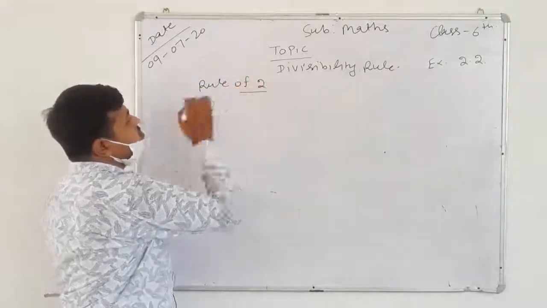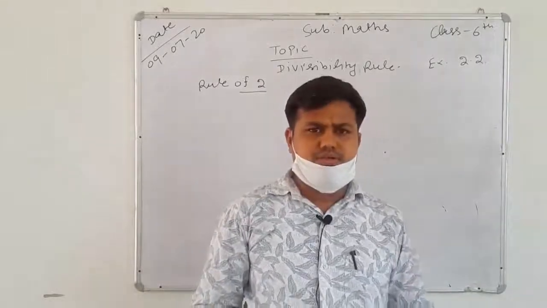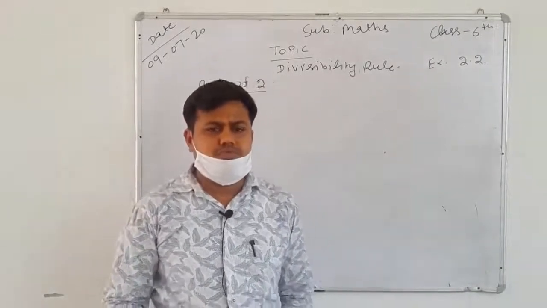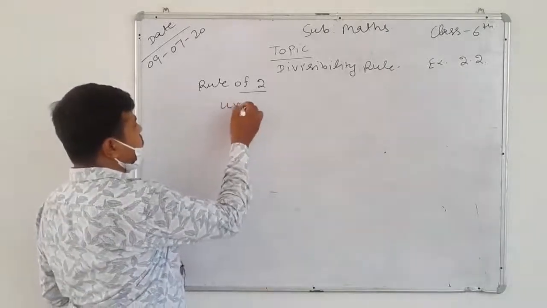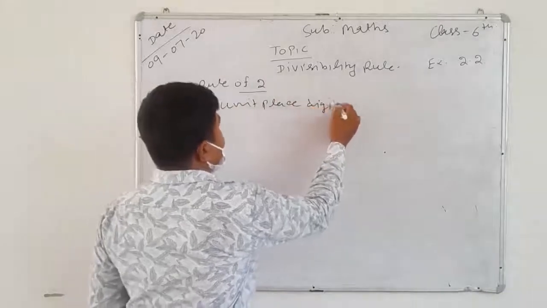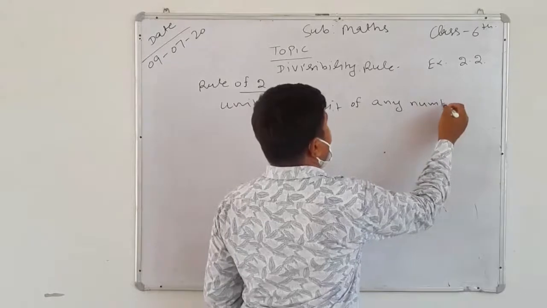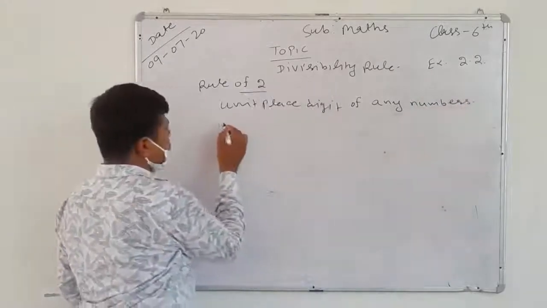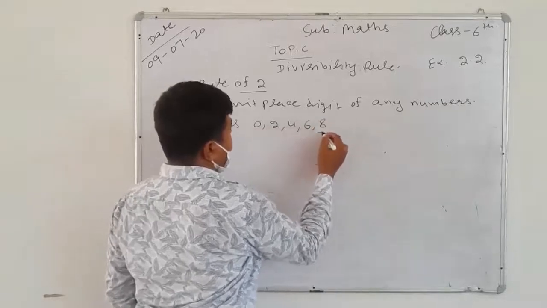Rule of 2. Any number is divisible by 2 if the unit place digit of the number is 0, 2, 4, 6, or 8.